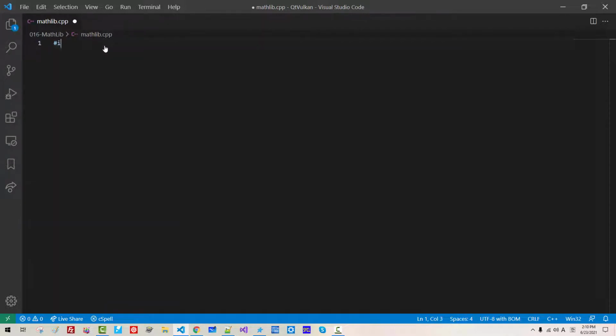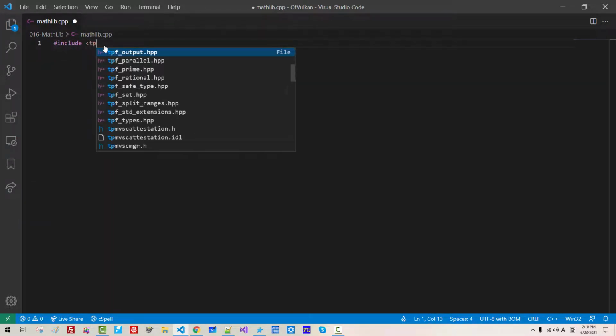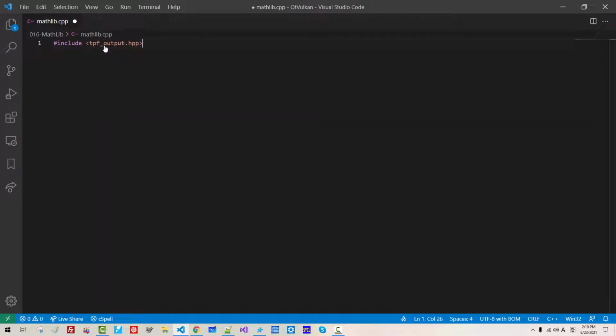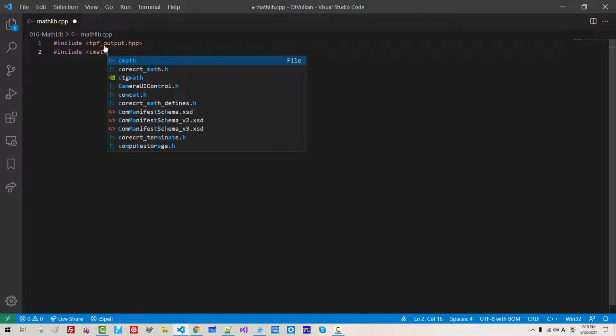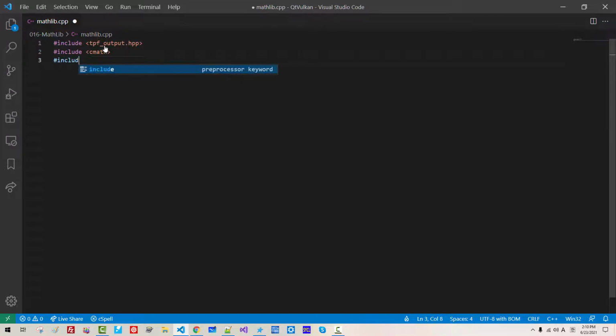Ctrl+B. Include tpf_output.hpp, include cmath, include numbers. Then tpf stream, auto nl, tpf nl.